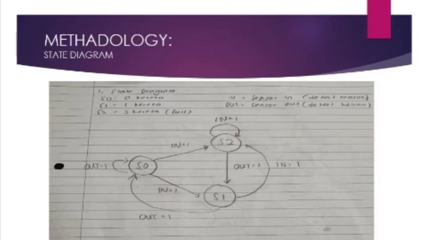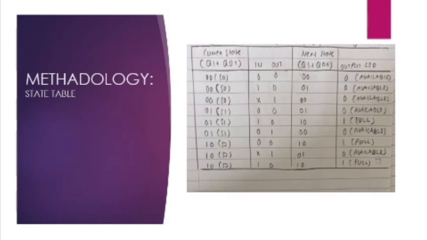If out equals 1, it will go to S0. From S2, if out equals 1, it will go to S1. If in equals 1, it will stay at S2 because the car parking is full.